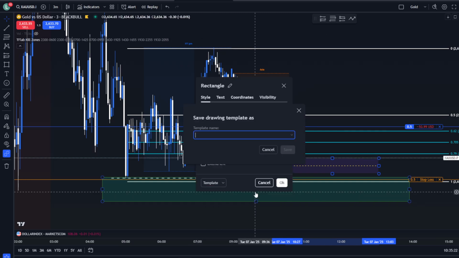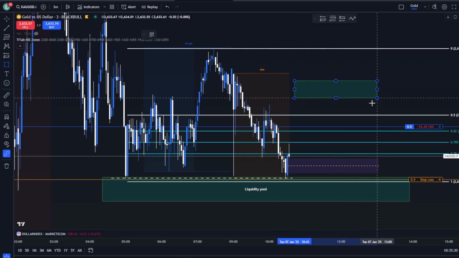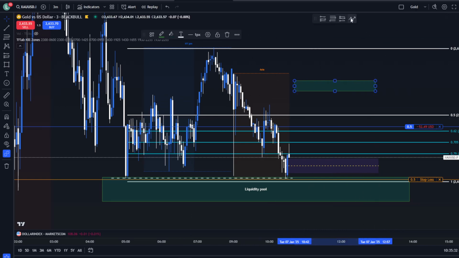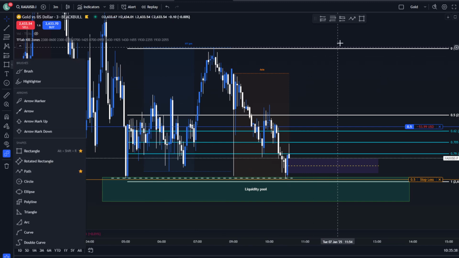Save as order block zone, and the other one is a fair value gap. Let's start this.